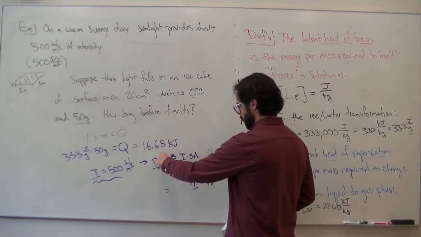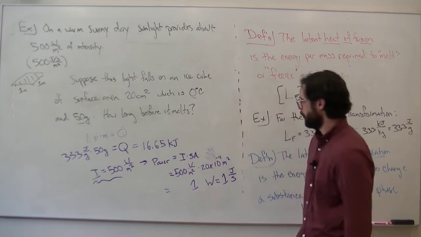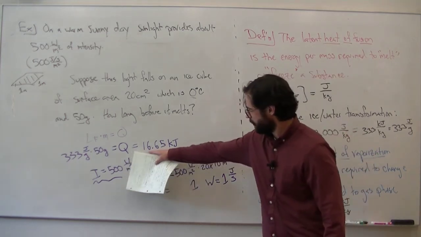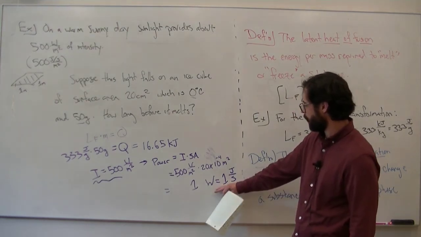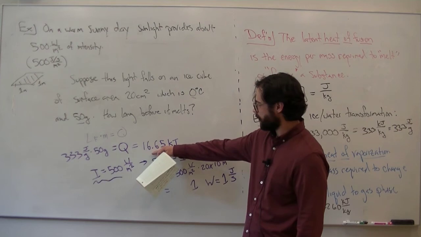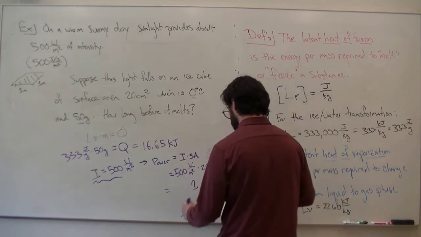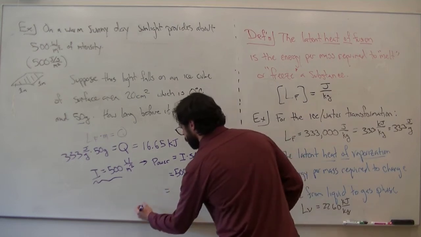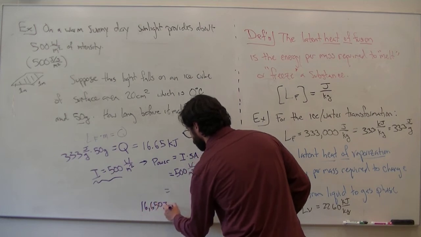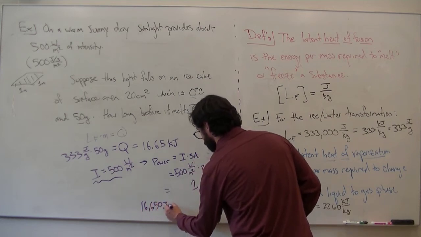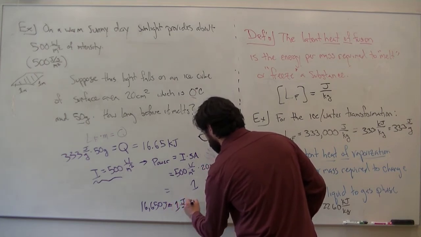And this would be 1 joule per second. Okay. I need 16.65 kilojoules. I get 1 joule every second, so therefore I have to wait 16,650 seconds. Doing that in more detail, 16,650 joules equals my 1 joule per second times the time I need to wait.